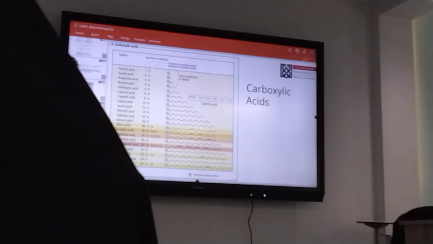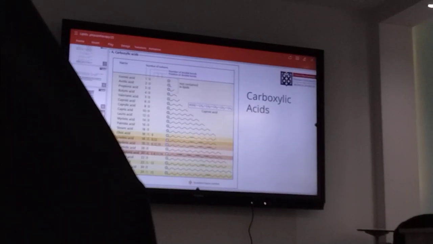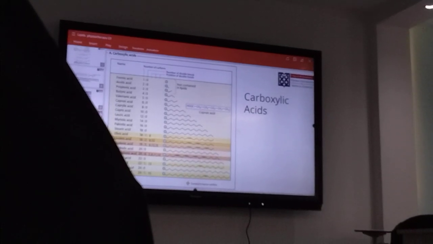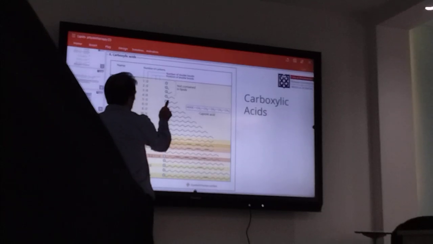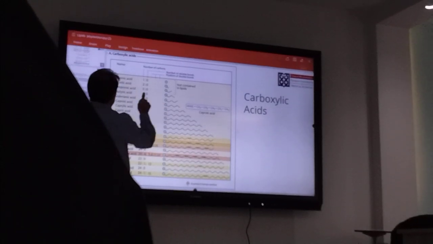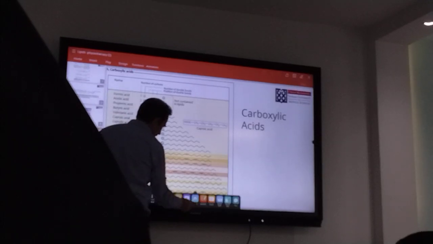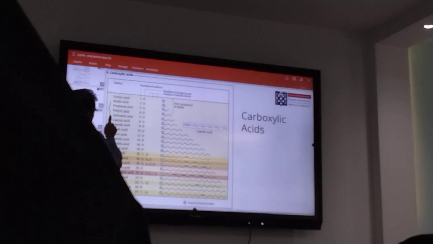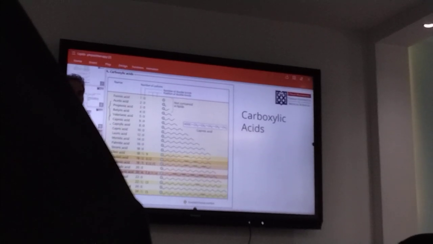Let me go back to the previous slide. See, this is a table. You are not going to memorize this table. I will tell you which of these fatty acids are important. See, these are short fatty acids here, like 4 carbons, short chain fatty acids. What are these?